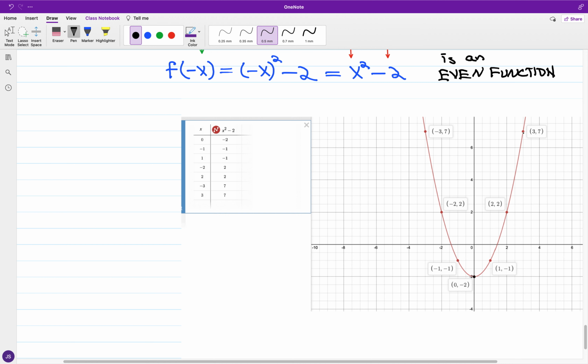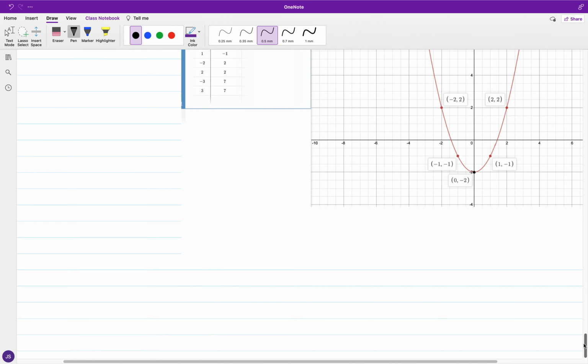And for 3 to the left and right, you also have those points at the same level, and that is going to maintain course. And so you have symmetry with respect to the y-axis. Again, that is the characteristic in graphing for even functions, and we're just separating the odds from the evens and any other type of function.